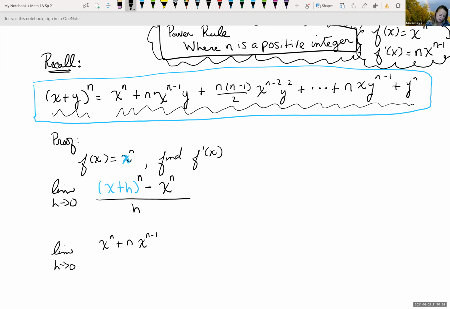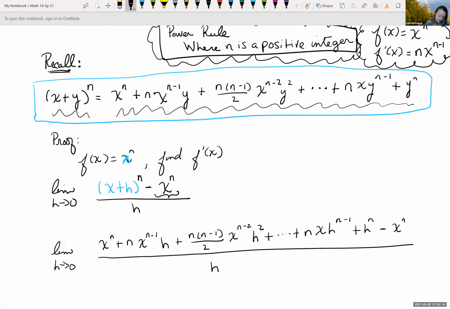This is h though, not y, because in our case it's x plus h, plus n times n minus 1 all over 2 times x to the n minus 2 h squared, plus dot dot dot, plus n x h to the n minus 1, plus h to the nth, minus x to the n, all over h.